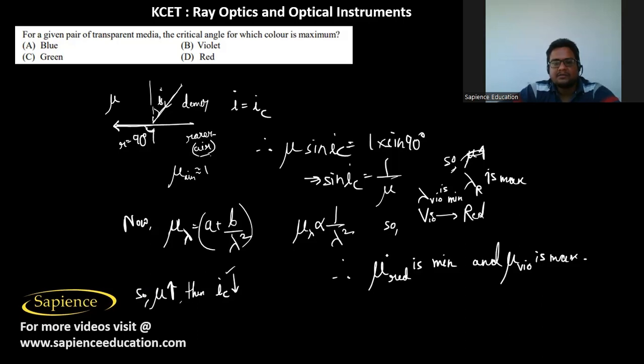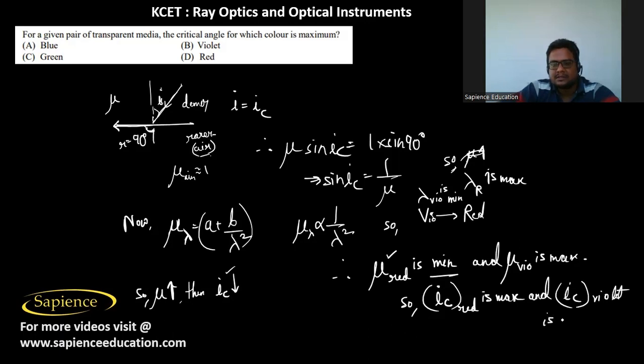The refractive index of red is minimum, so the critical angle for red is maximum, and the critical angle for violet is minimum. Okay, so for red, the critical angle will be maximum. So option D is the correct answer.